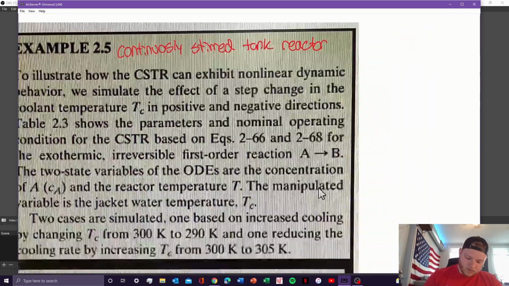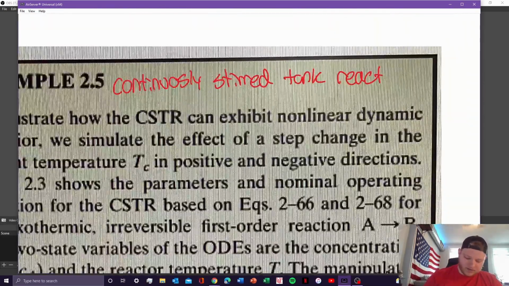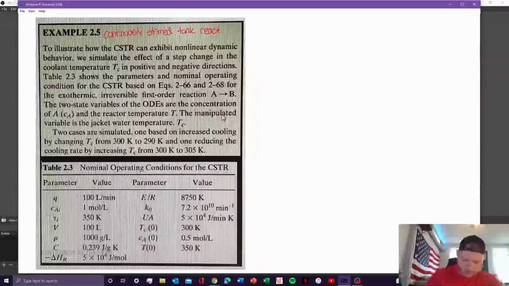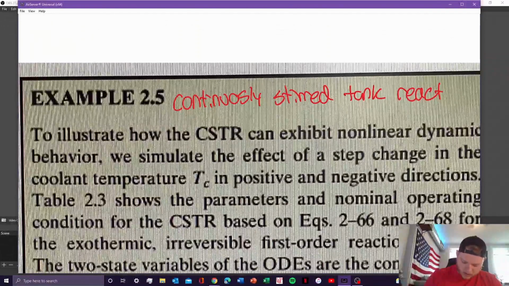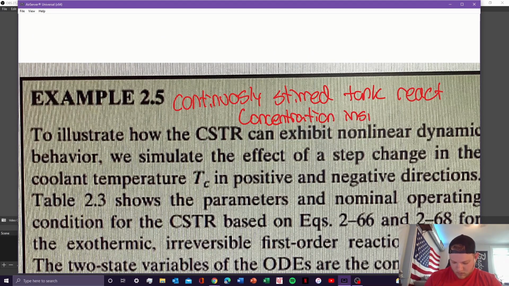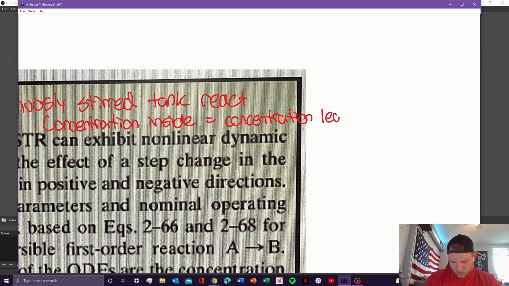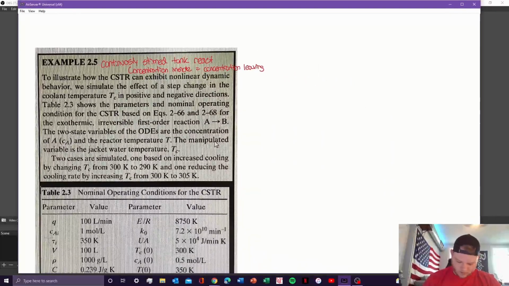That means, since it's continuously stirred, the concentration inside the tank is equal to the concentration of the flow leaving the tank. That will be important later.